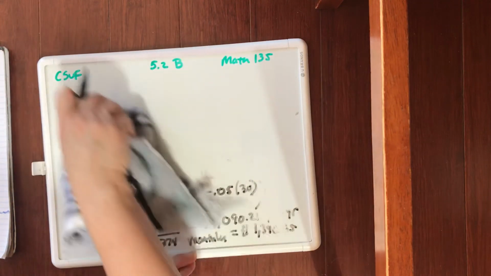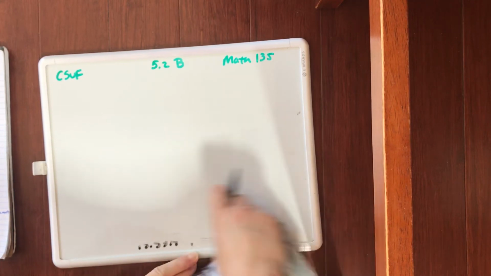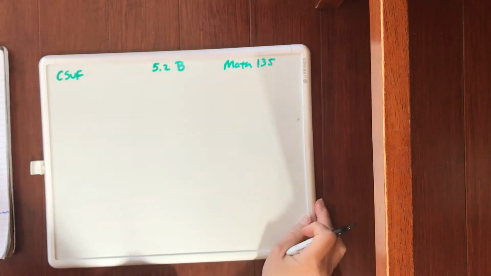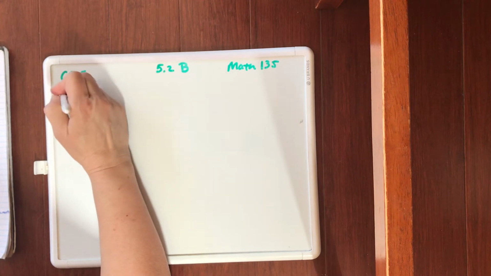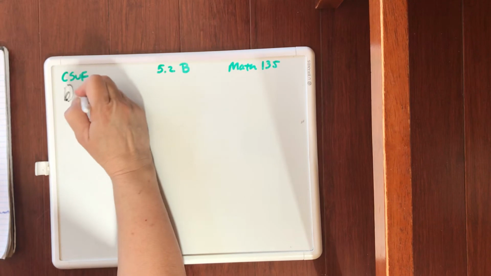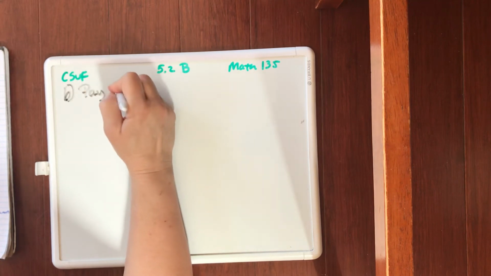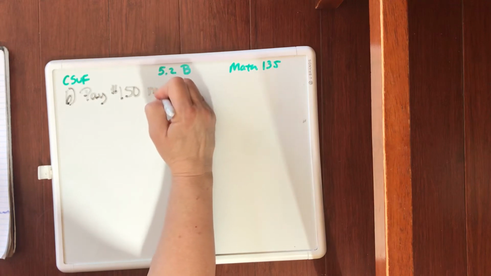All right, so we're going to letter B, and we get to use logarithms and such, combining stuff that we haven't seen in a while. Let's say that we want to pay $150 more each month.